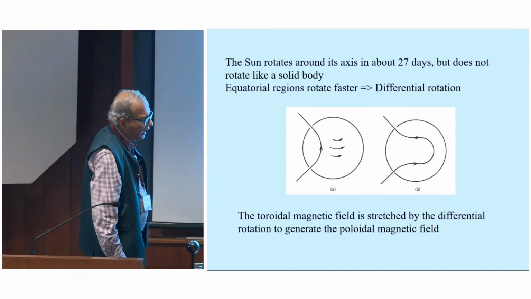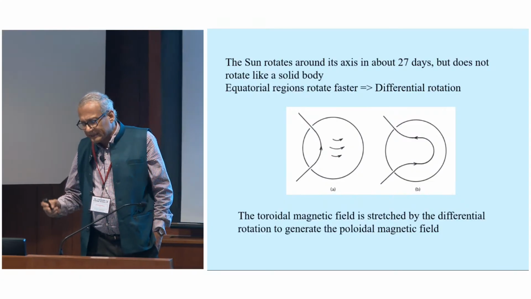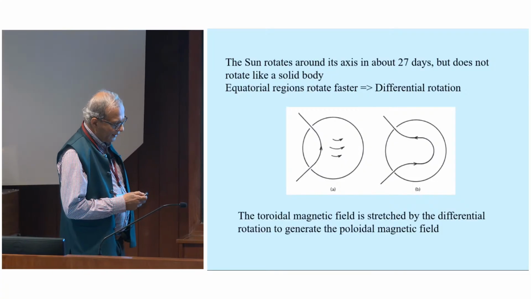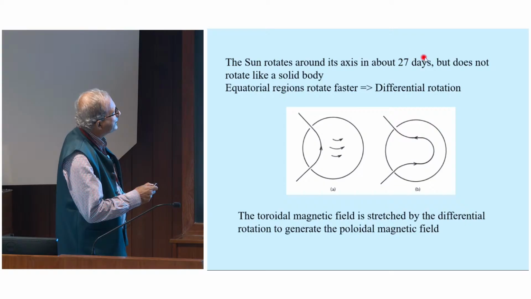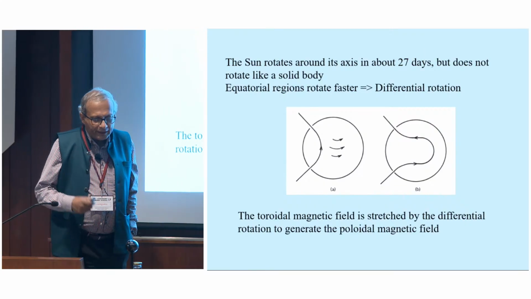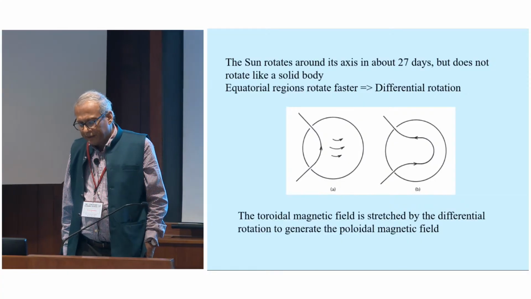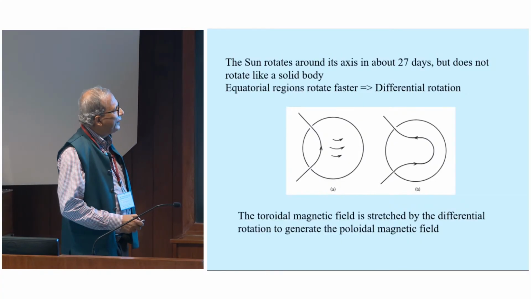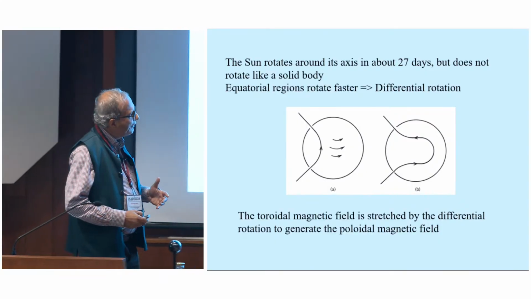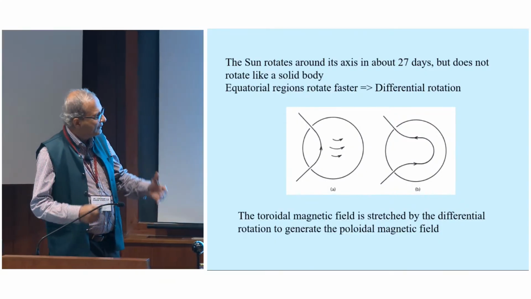Now, just as the Earth rotates around its axis in 24 hours, the sun rotates about its axis in 27 days. But there is one big difference. The Earth rotates very much like a solid body. On the other hand, the sun has what is called differential rotation. In different regions, the angular velocity is different.